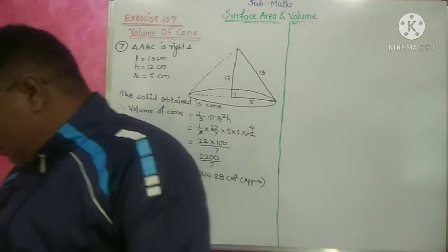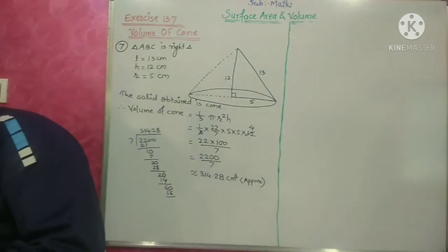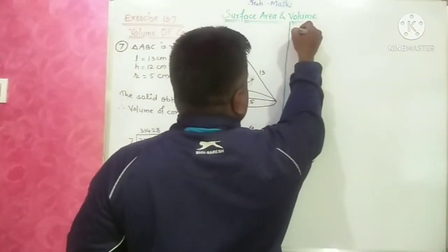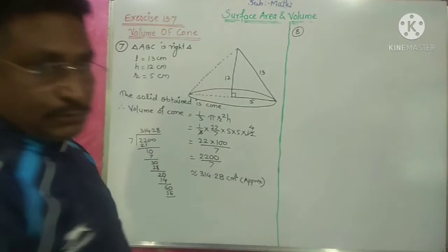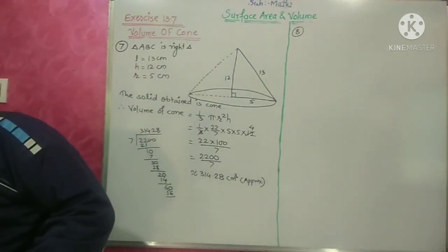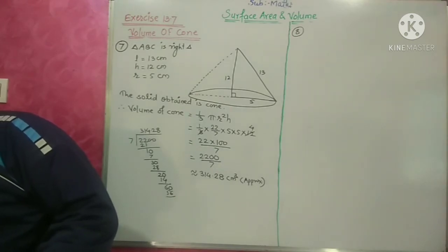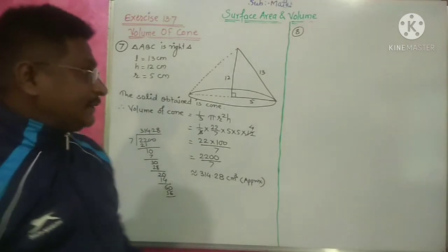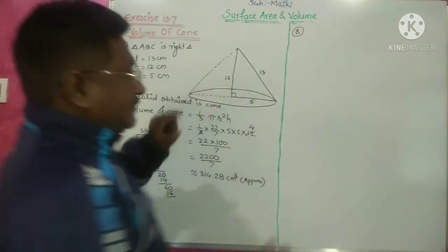Okay students, so hope you understand this. So now the 8th question, a similar question. What is given in that 8th question? If the triangle ABC in question 7 above is revolved about the side 5 centimeter. Now the same question is there.